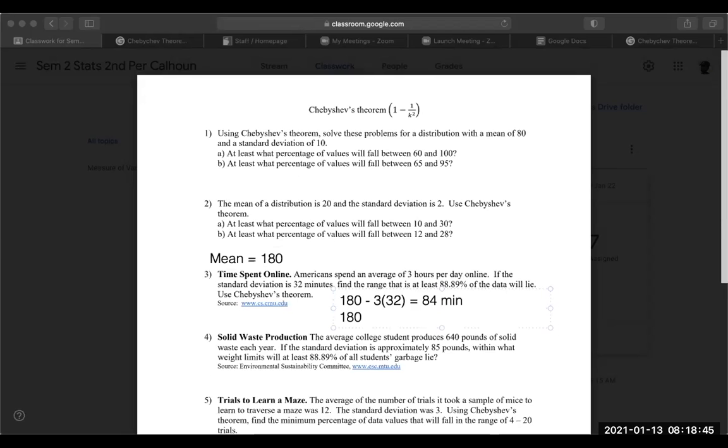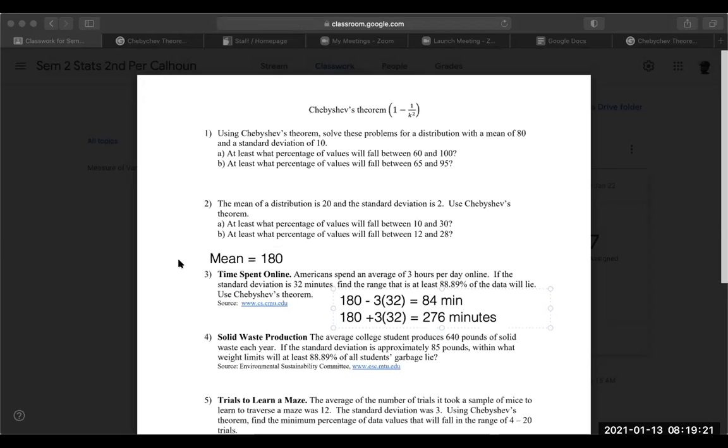For the high end, 3 standard deviations up is 276 minutes. So the range in which at least 88.89% of the data will lie is between 84 minutes and 276 minutes.